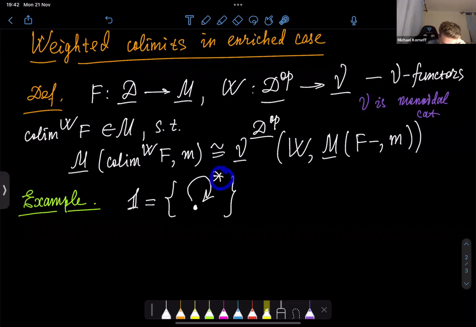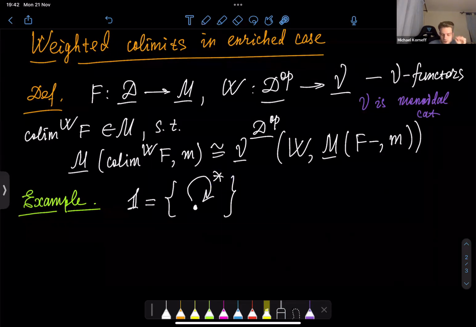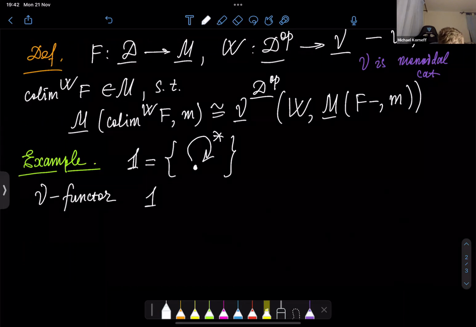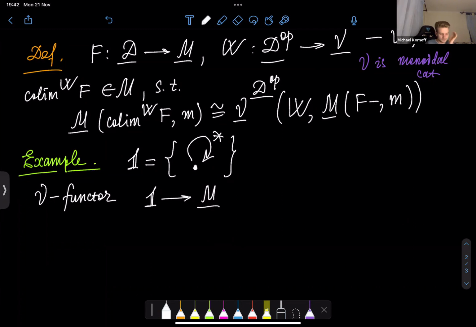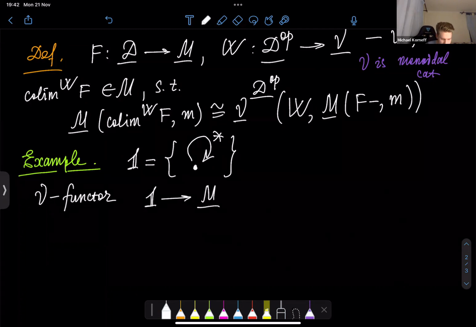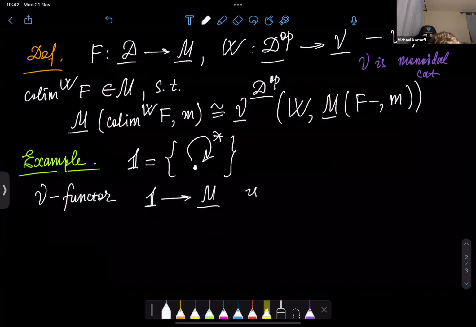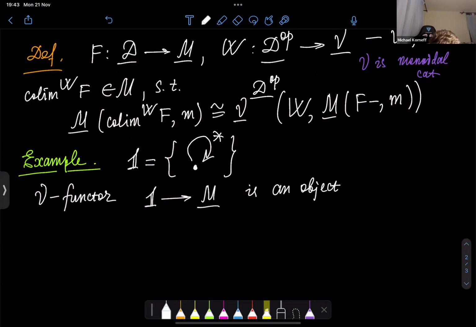And this one is the unit in this category. And we have a V-functor from this trivial category to some V-enriched category M, and this functor is just an object of the category M.